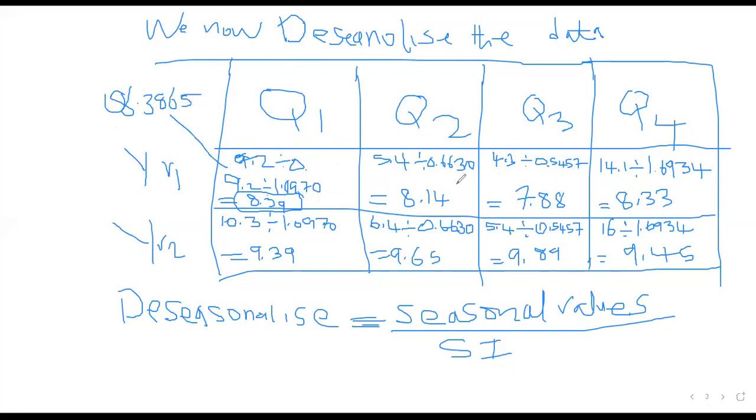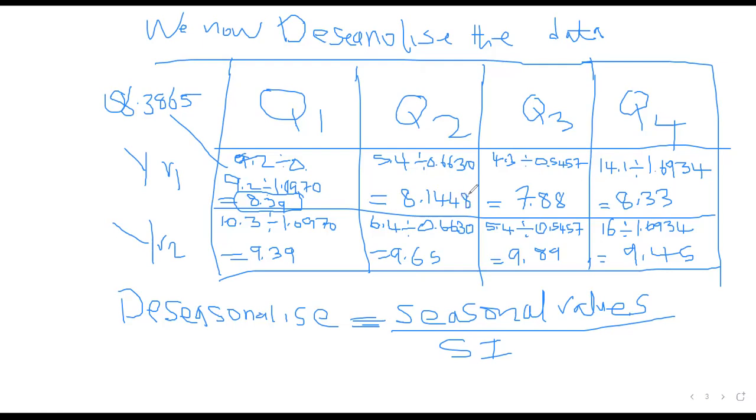Then this one also, we should go for 5.4 divided by 0.6630, which is 8.1448.